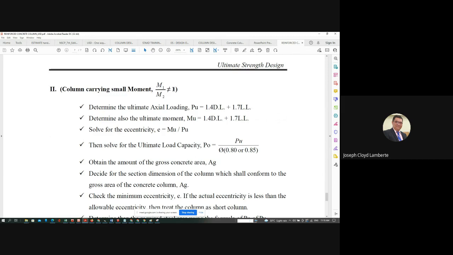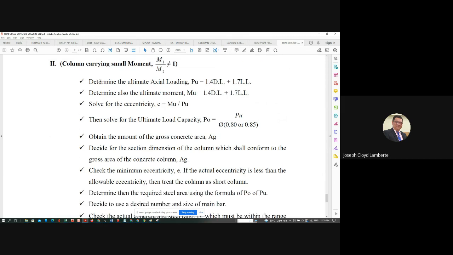Again, determine the ultimate axial load. Determine also the ultimate moment. So again, don't mind the load combination. Solve for the eccentricity, MU over PU. So in this case, kung naa kay M1 and M2 na duha ka moment, use the larger amount.